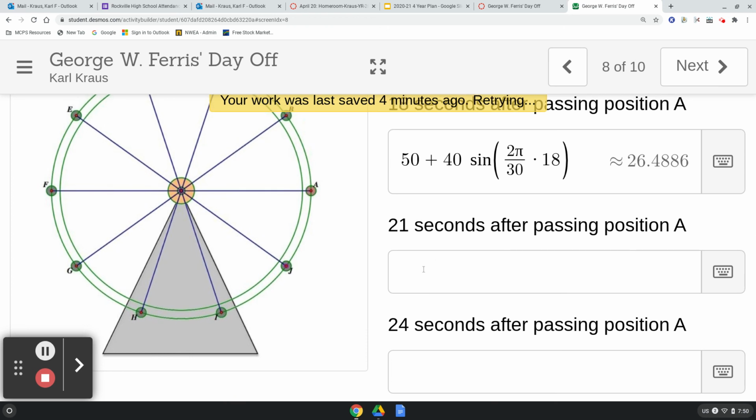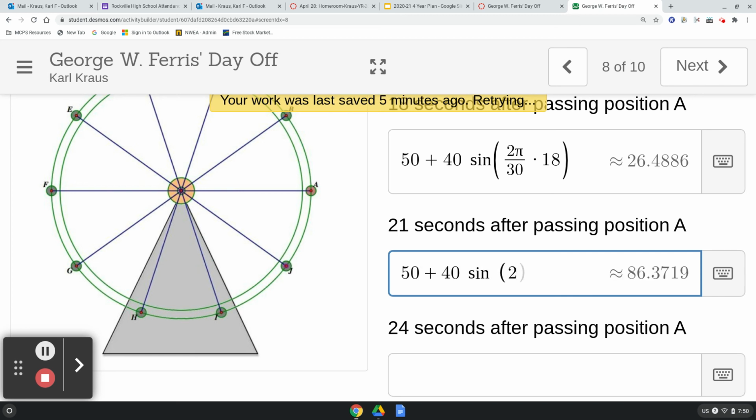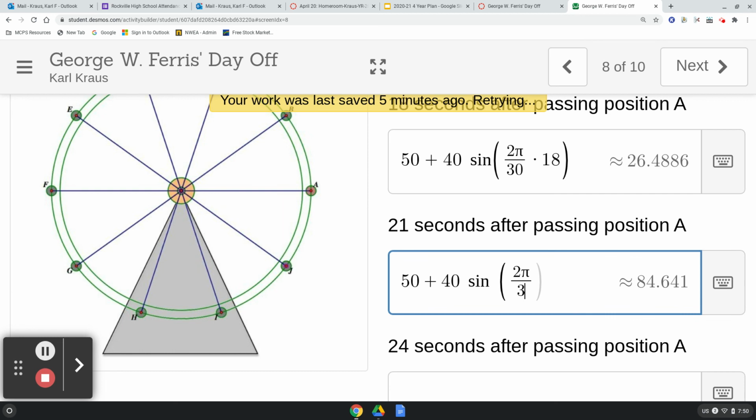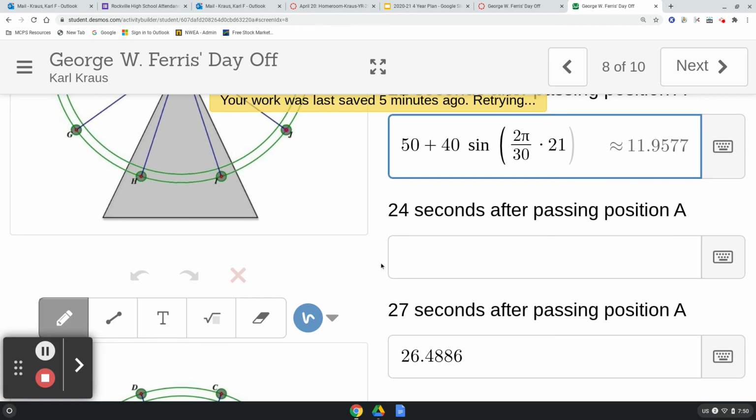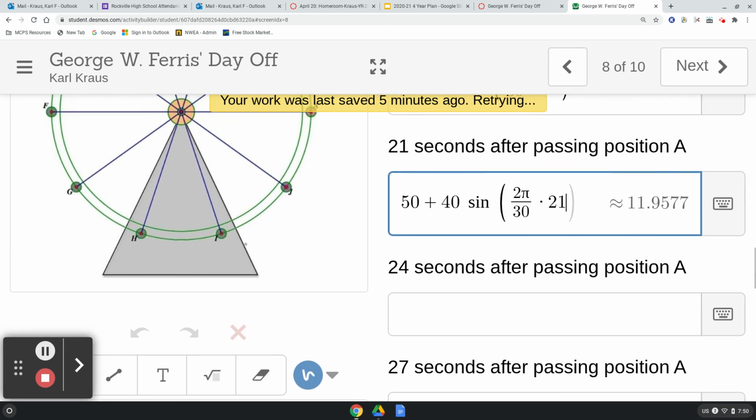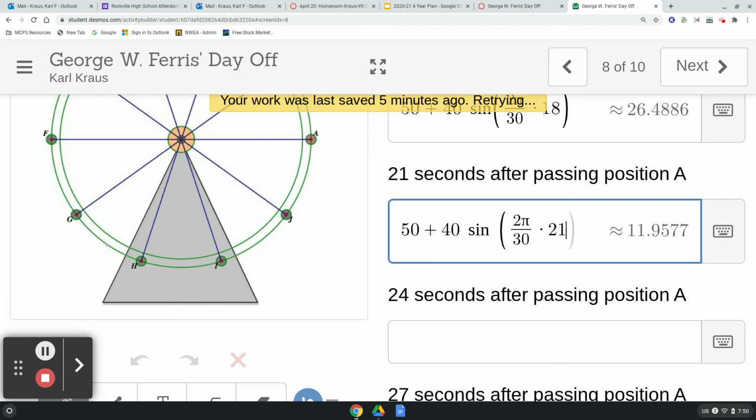And then 21, and I get 11.955. So 15, 18, 21.